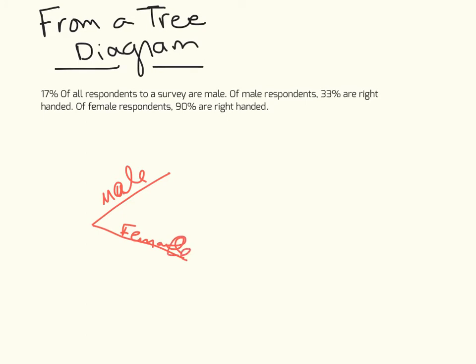So 17% are male, which means that 0.83, not percent, but 0.83 are female, because these two things need to add up to 1.